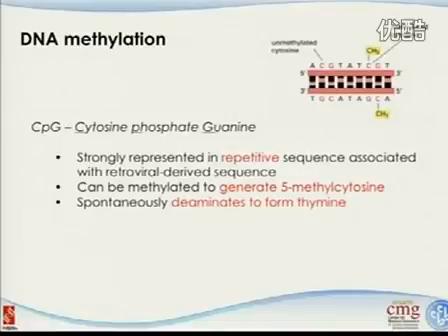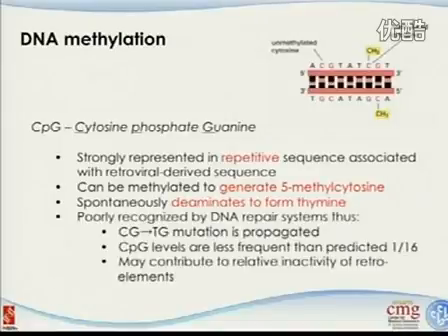It's easier to be changed to T. And this change is poorly recognized by DNA repair systems. So the cell doesn't really have a good way to correct this change. That's why the CG to TG mutation will be propagated. So you will see this part cannot really be corrected.